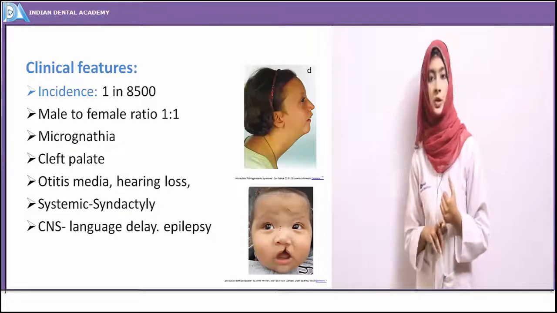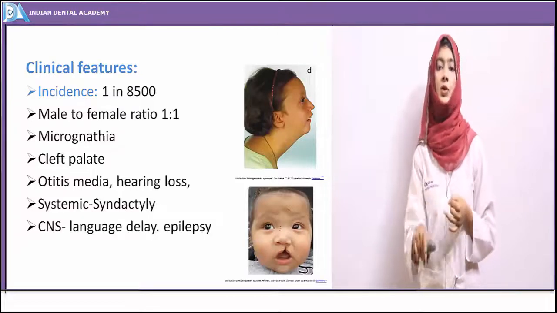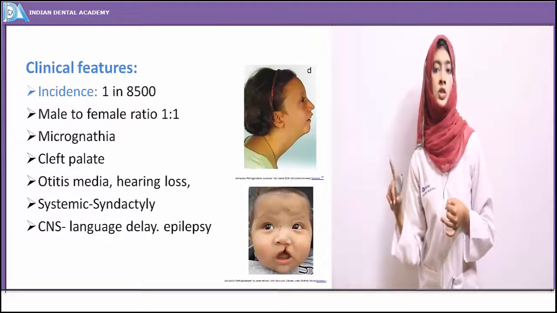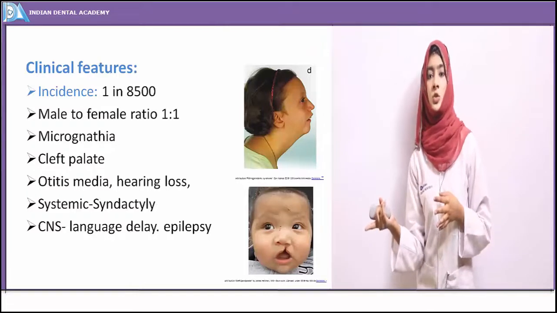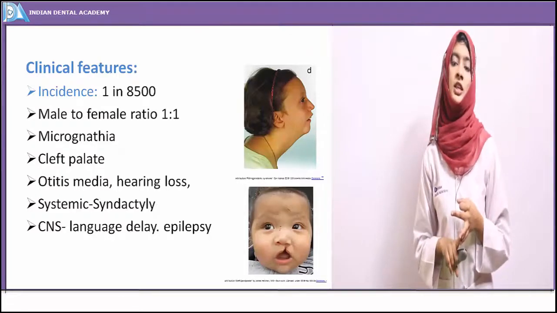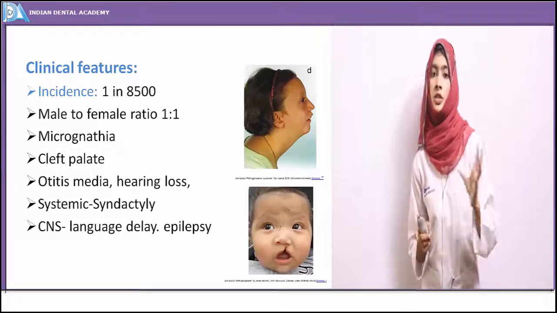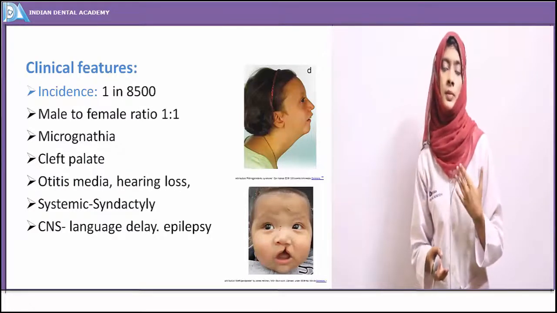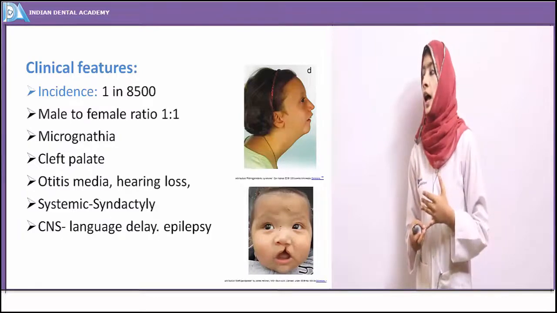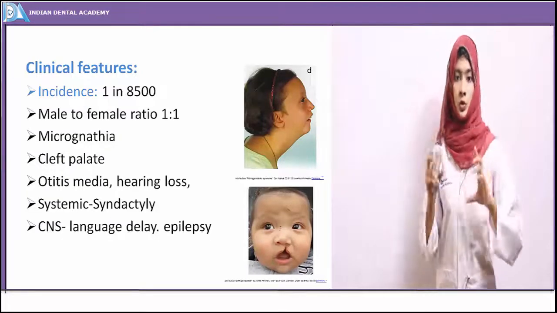There is presence of micrognathia and cleft palate, either a V-shaped or a U-shaped cleft palate may be seen. Along with cleft palate, it gives rise to displacement of teeth, and other associated dental defects such as spacing or malocclusions are seen. Along with this, the ears will be low set.